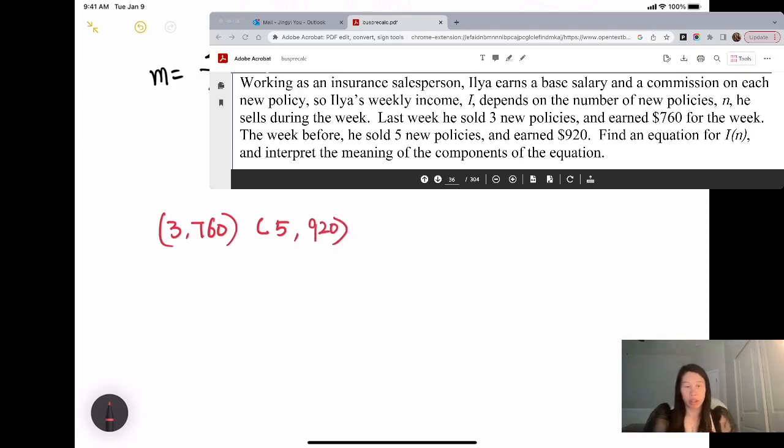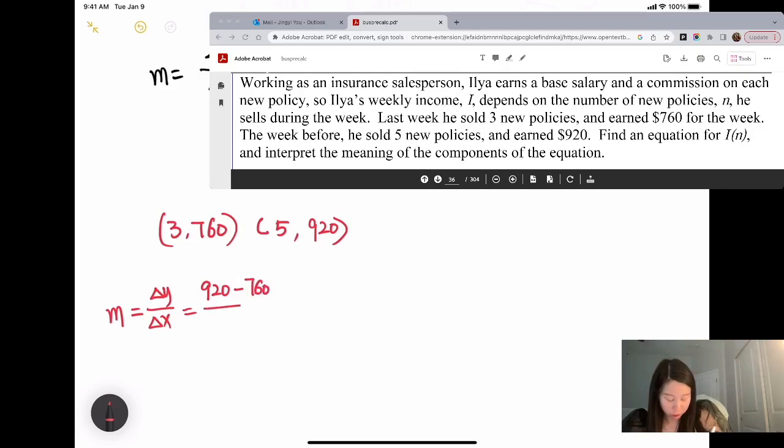So let's find our slope. m equals change in y over change in x, which is 920 minus 760 over 5 minus 3. So I have 160 over 2, m equals 80.